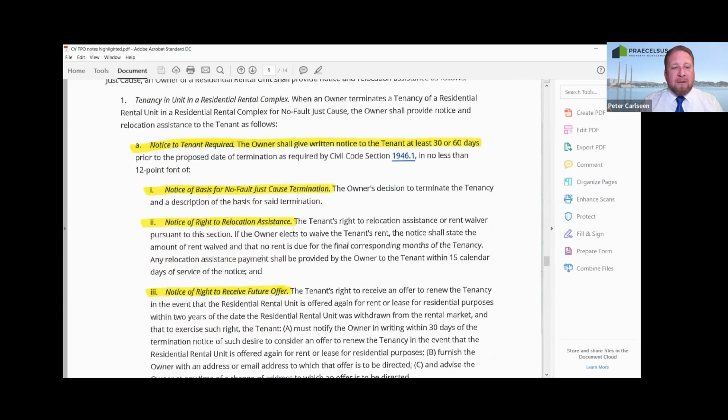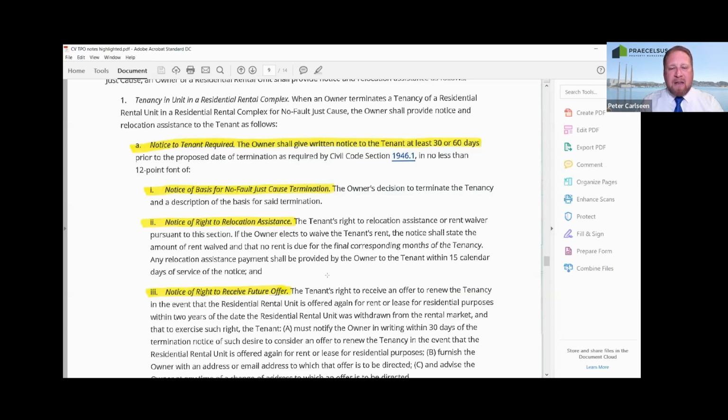And 3, notice of right to receive future offer. So if you're pulling it off the market, or you're going to do a complete demo, you have to give them a notice that says, hey, you have a right of first refusal to reoccupy that unit at the new rate and at the new qualification standards. And if you want to exercise that, it itemizes in the ordinance the things that they have to do.